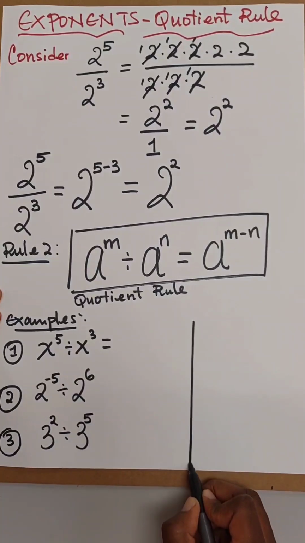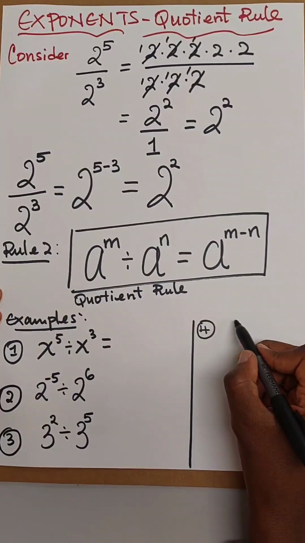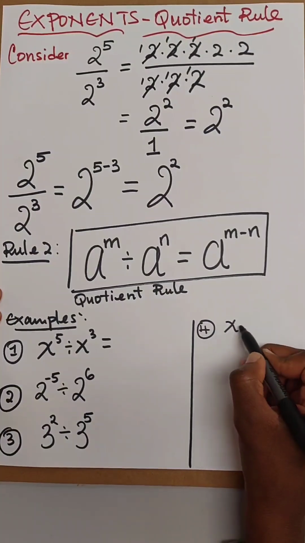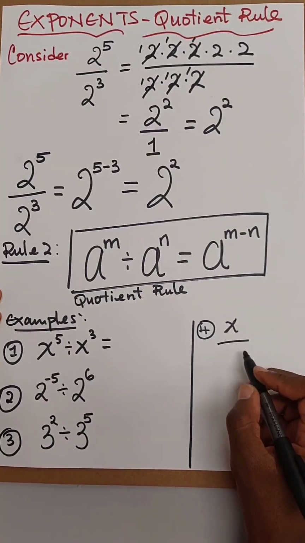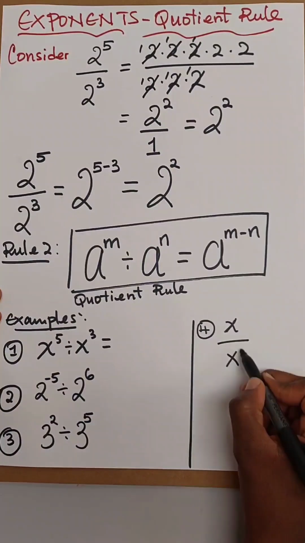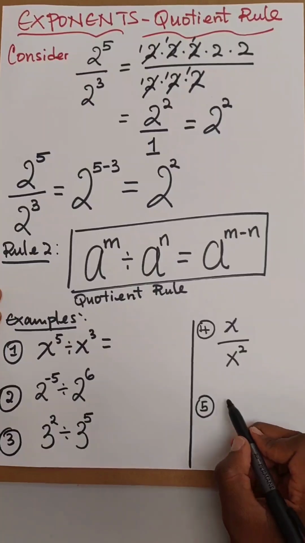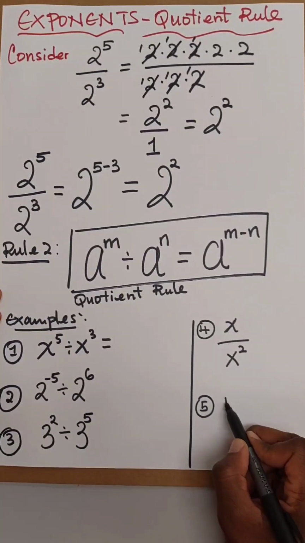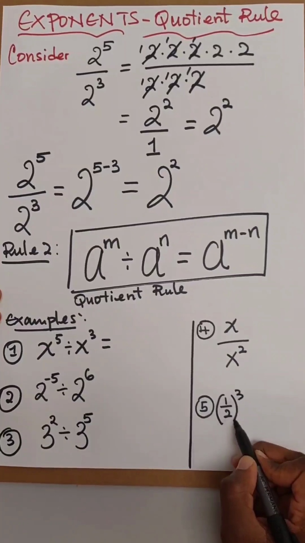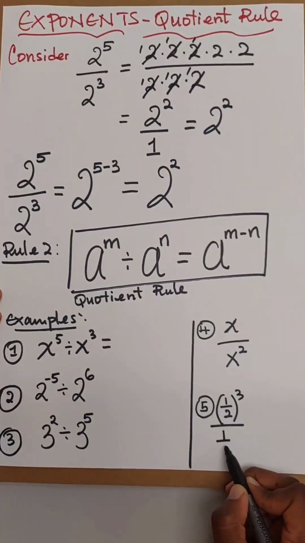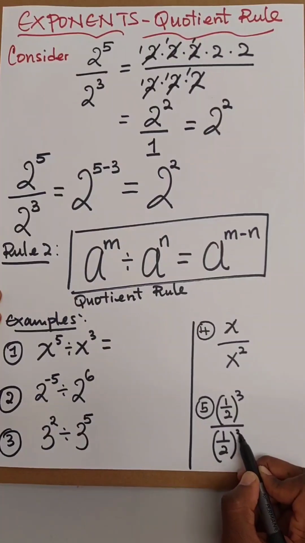And we want to practice this rule a little more to get 5 problems. So also understand that the division sign could be written as a fraction bar. So we want to divide x by x to the 2nd. And the 5th one, we could divide a half to the 3rd by a half to the 3rd.